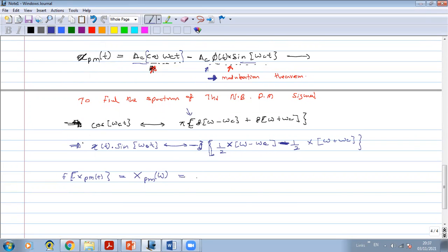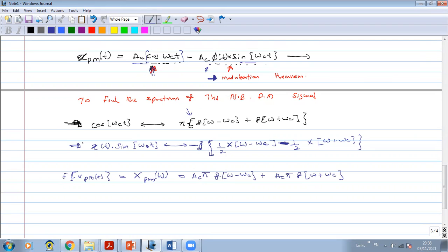So we can write it as AC pi delta(omega minus omega c) and plus AC pi delta(omega plus omega c). So this term is finished.